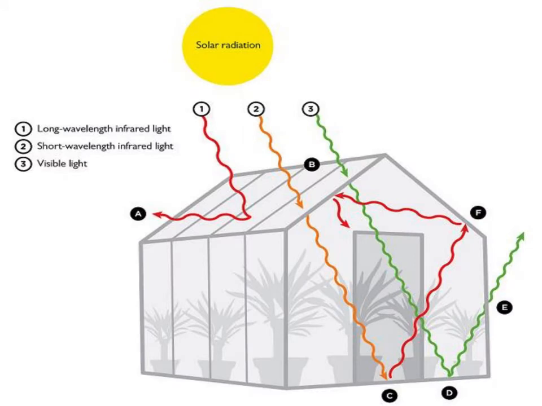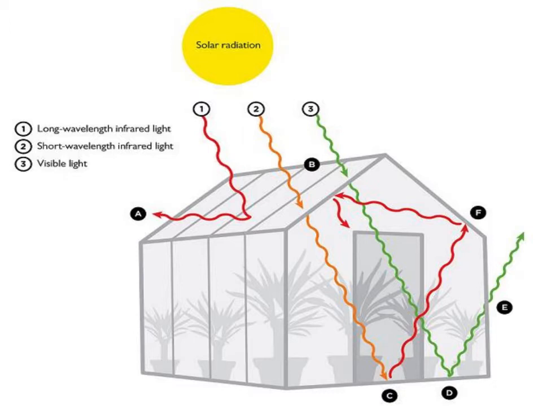So this is the schematic diagram of the greenhouse effect. Long wavelength infrared, which is coming back, this red color, is reflected by the inside. And solar radiation, short wavelength infrared light, number 2, when it comes inside is also trapped inside.